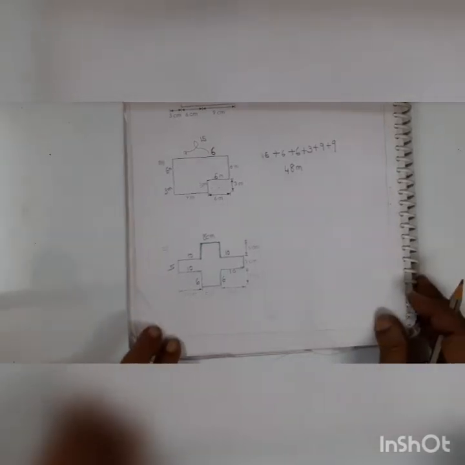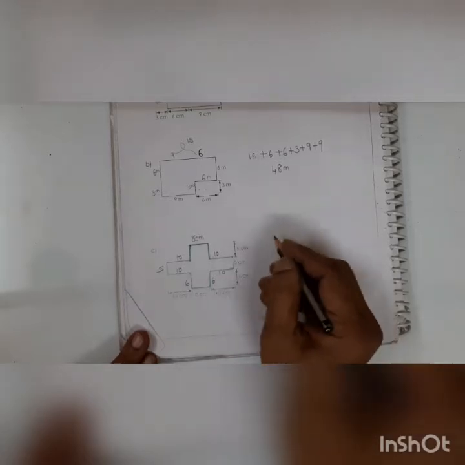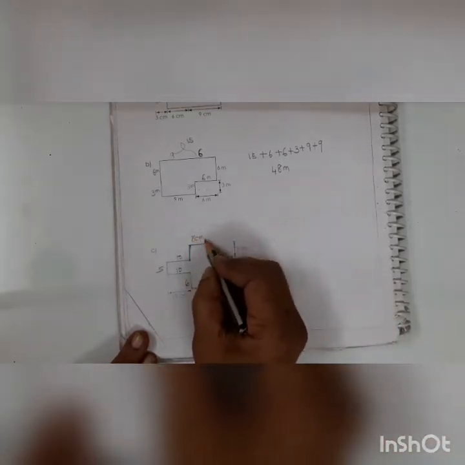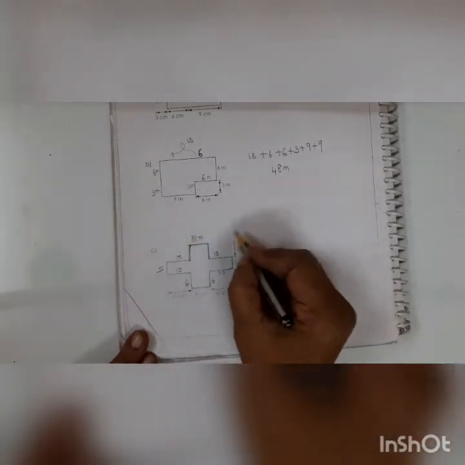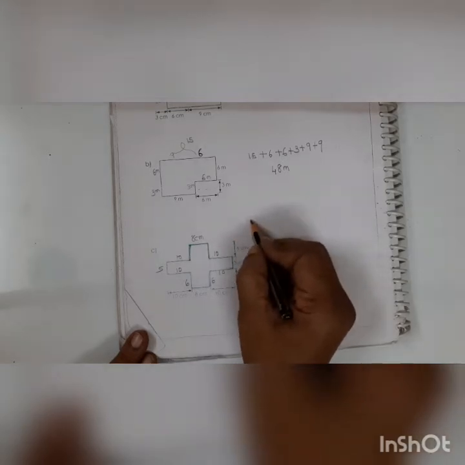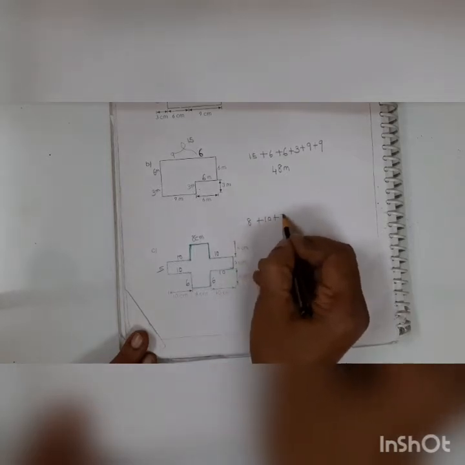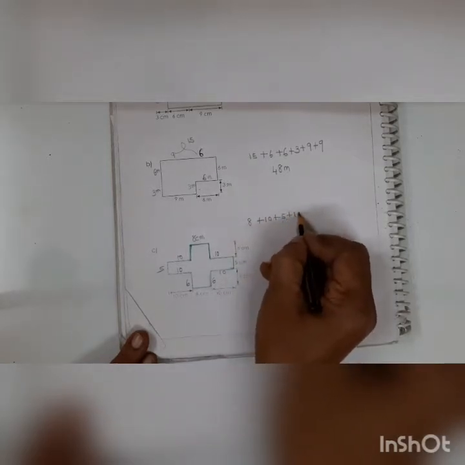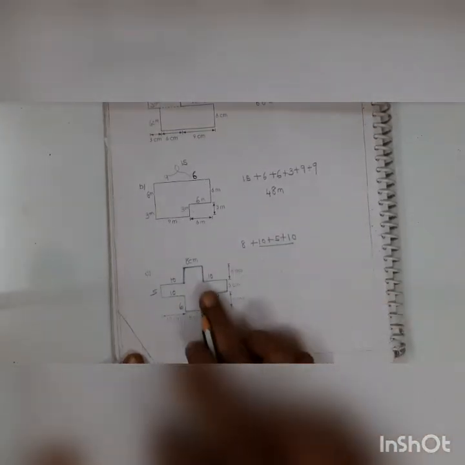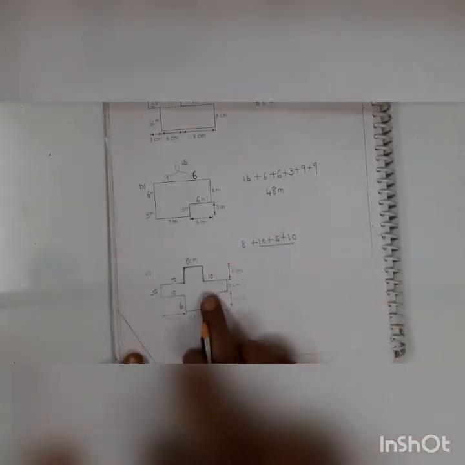Come on, now add. This is a long one, children. From where will we start? From the top. So 8 plus 10 plus 5 plus 10. Children, what you could do is put a line under this, so you know that this is your figure, this part of the figure.